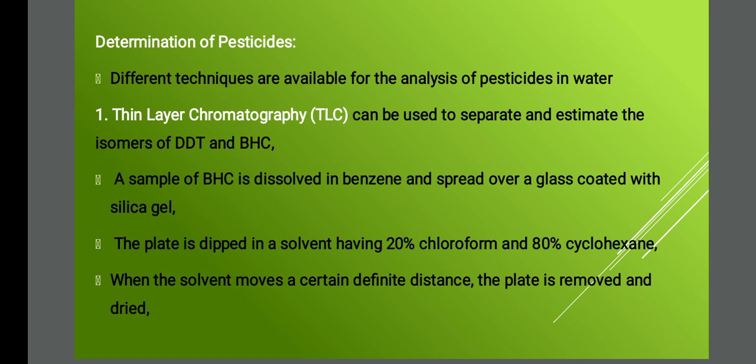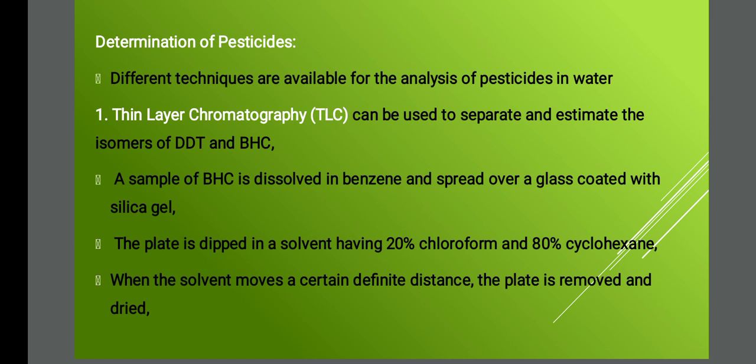A sample of BHC is dissolved in benzene and spread over a glass plate coated with silica gel. The plate is then dipped in a solvent containing 20% chloroform and 80% cyclohexane. When the solvent moves a certain definite distance, the plate is removed and dried.